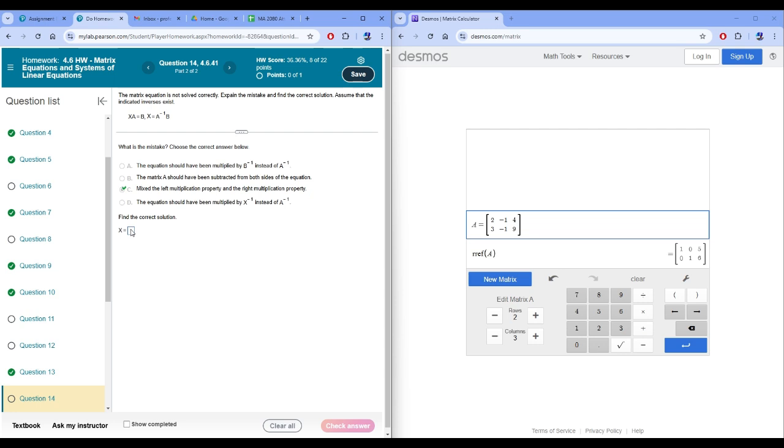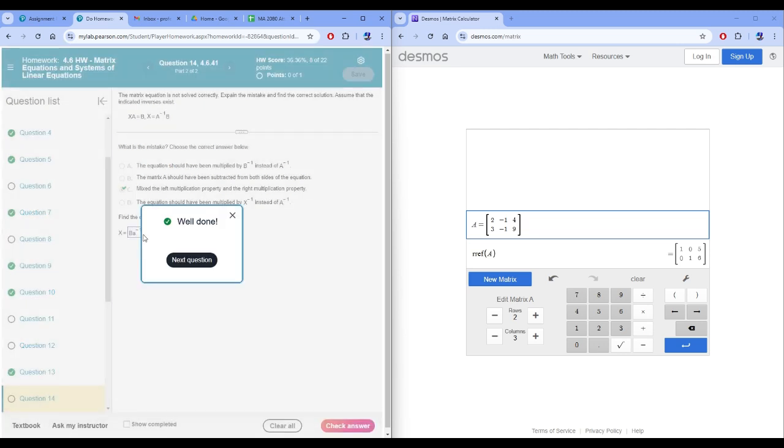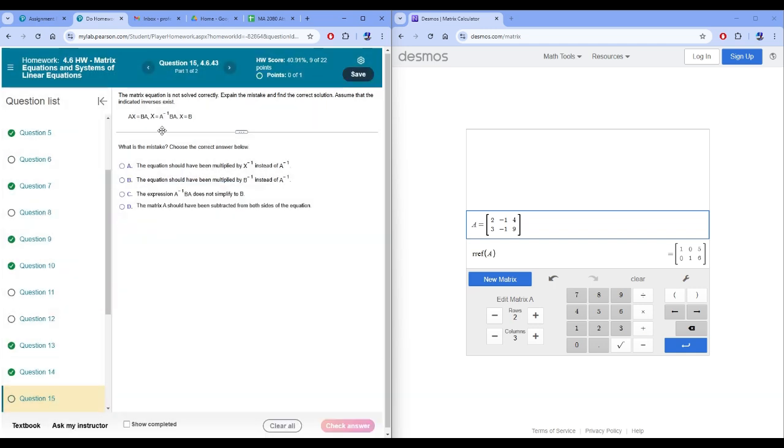Find the correct solution. X equals b times a to the negative 1. Yeah, because multiply from the right. Same exact thing here. So ax equals ba, x equals, so multiply by the left, multiply by the left.